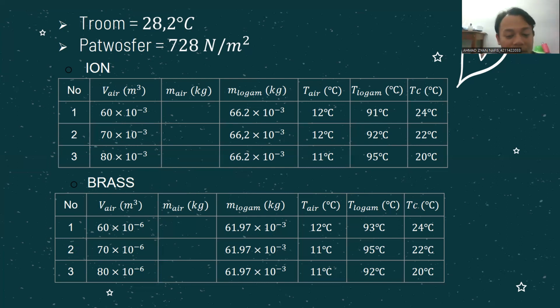And temperature of water 11 degrees Celsius, and temperature of metal 95 degrees Celsius. So that the temperature of the mixture is 22 degrees Celsius.